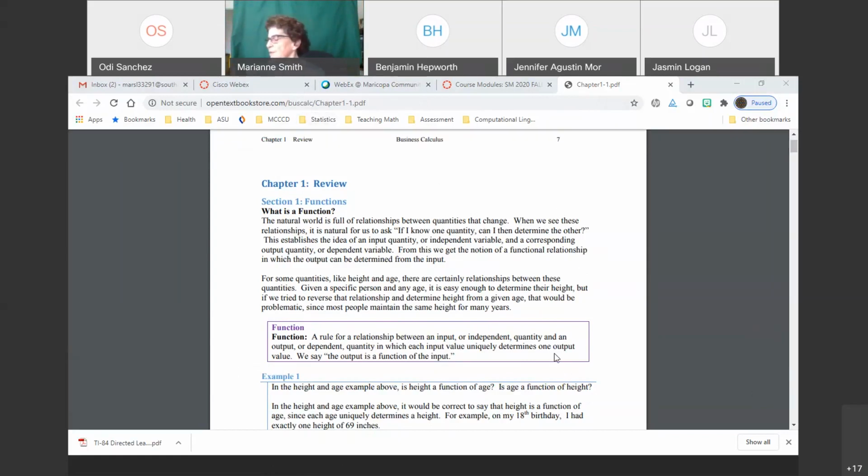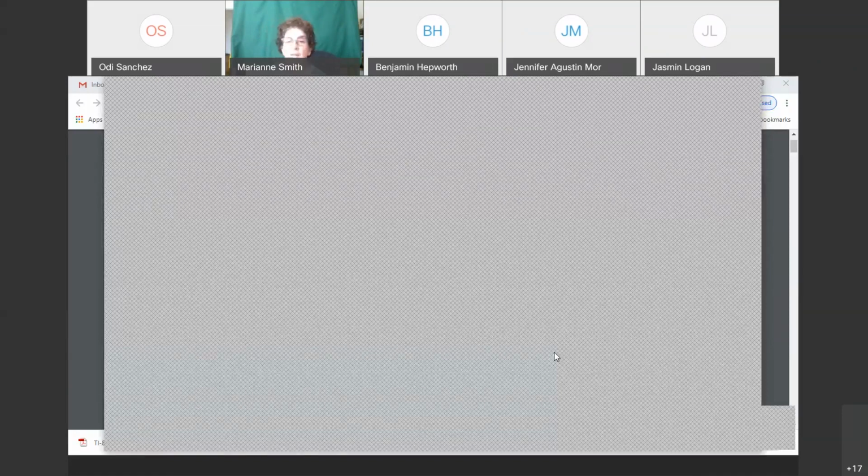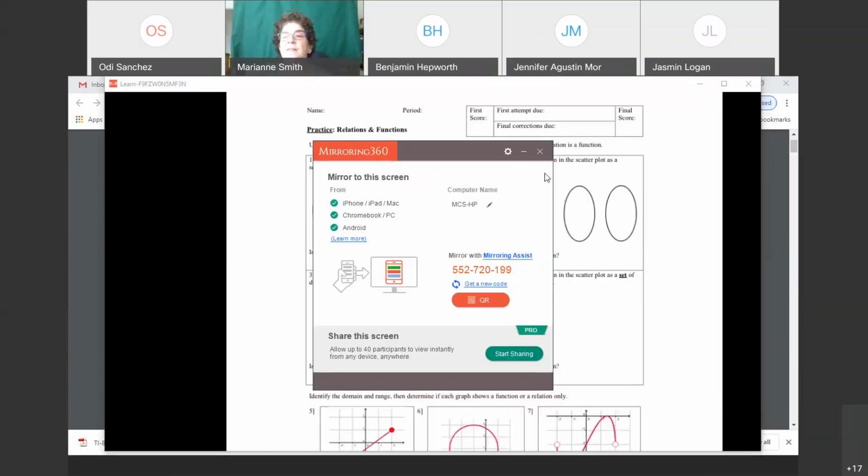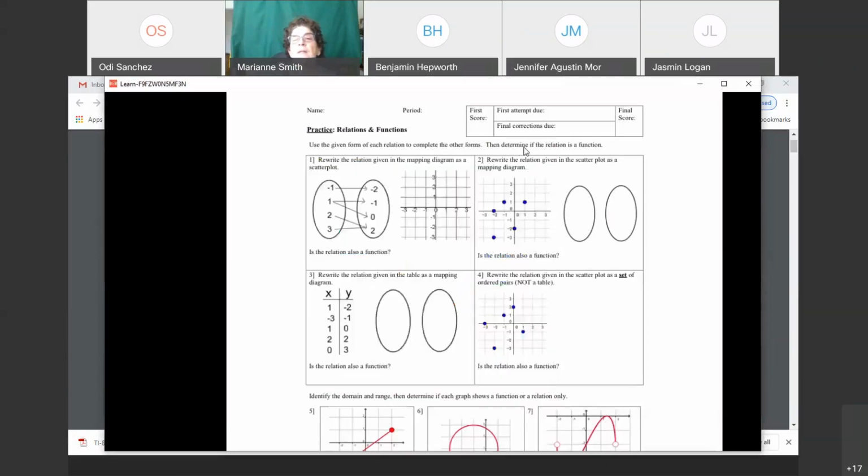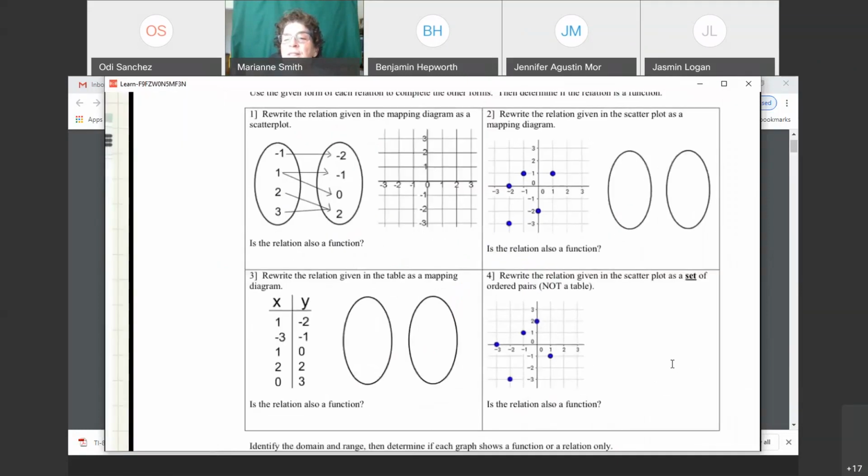I am going to be using an app on my iPad, and hopefully you will be able to see it. Let me get that set up. Can everybody see this practice, relations and functions?